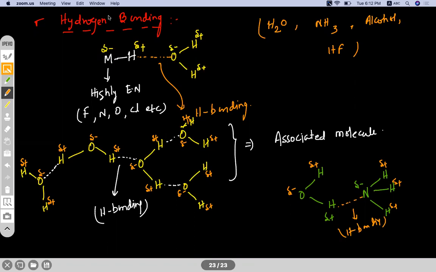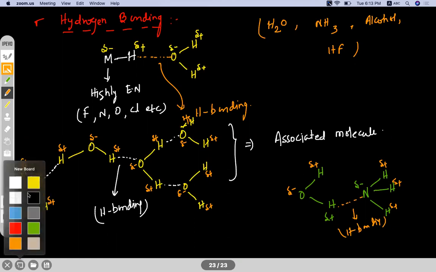Okay, so this is the hydrogen bonding. The basic understanding you must have: more charge, more electrostatic attraction, and hence a stronger hydrogen bond. Now hydrogen bonding is of two different types. Next, write down types of hydrogen bonding.